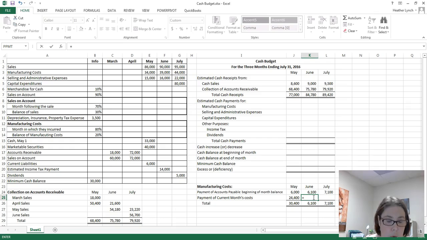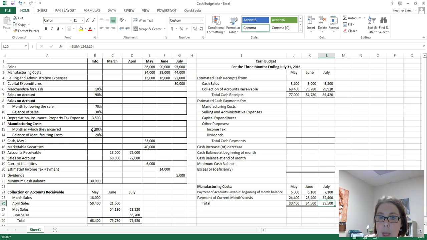Now we do the $39,000 manufacturing minus the $3,500 times again 80% because we're paying that in the month that it was incurred. So here we have $44,000 minus the $35,000 because that was part of the manufacturing cost times the 80%.